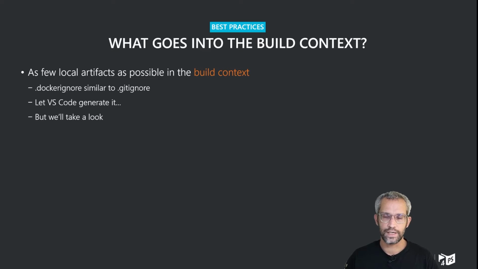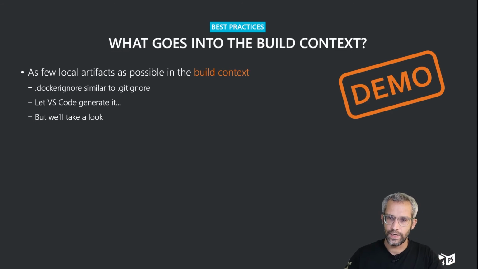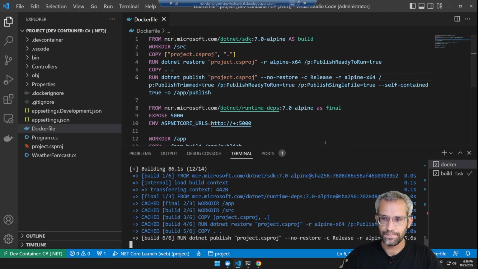We have a Docker ignore file, and that Docker ignore file works very similarly to the git ignore that you probably know. Syntax sometimes can be slightly different, but the concept basically is the same. You define the things that you don't want to have in your build context in the Docker ignore. I typically let Visual Studio Code generate it because it's very good at it, but let's quickly take a look at that one.